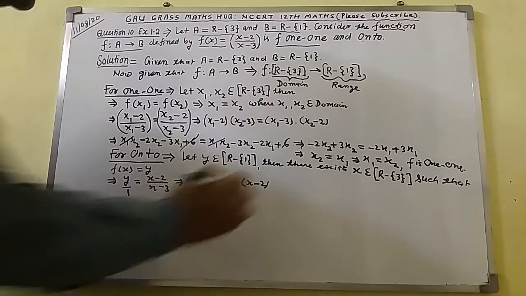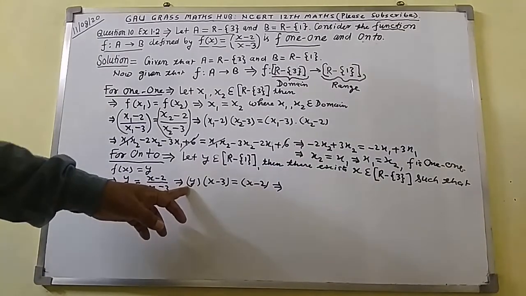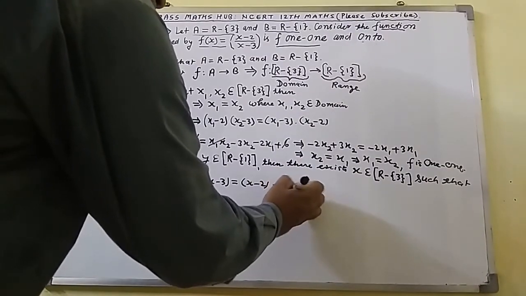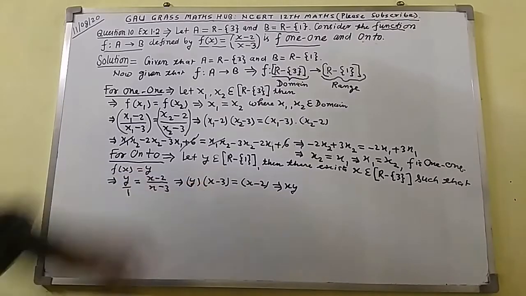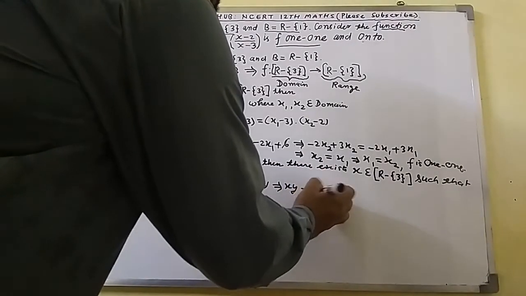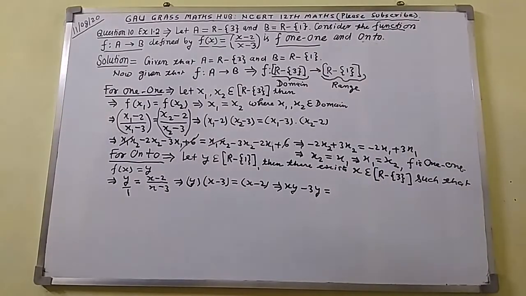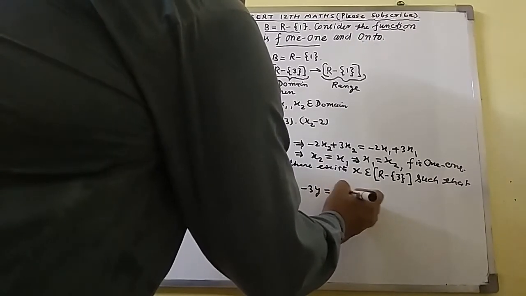So here you have got, implied that, y will multiply to x, this will become xy, and minus 3 will multiply to y, you will get minus 3y, equal to, here I shall write x minus 2.